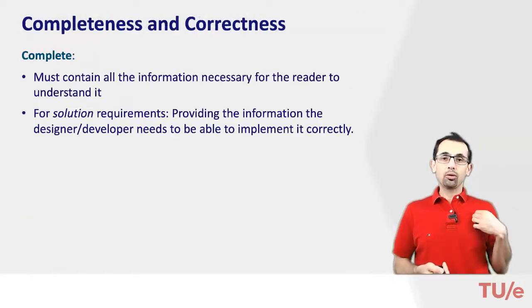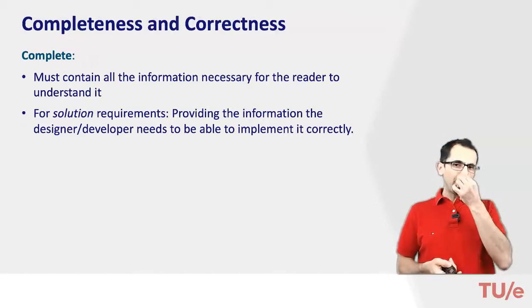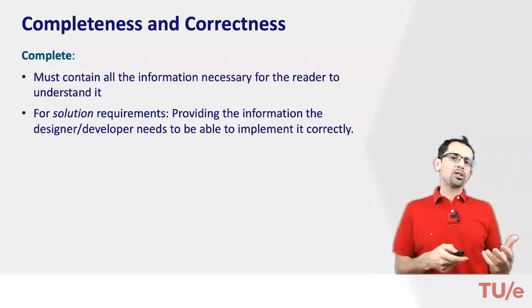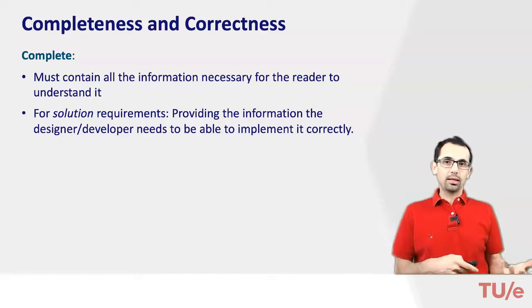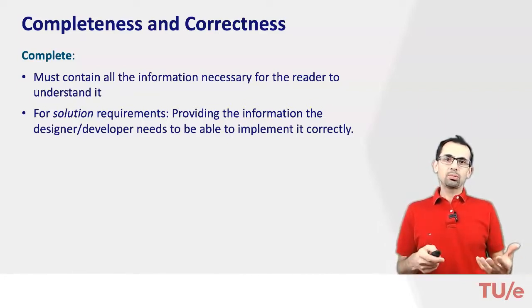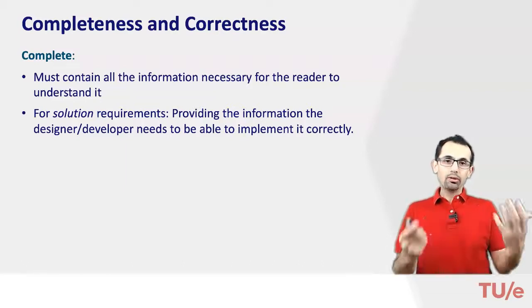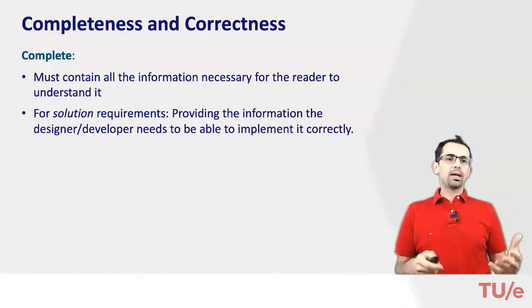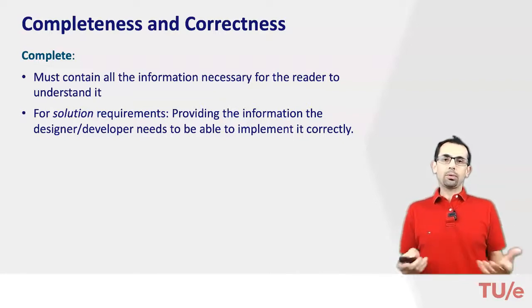First, let's start with completeness and correctness. What we mean by completeness is that a statement must contain all the information necessary for the reader to understand it. For solution requirements, this means we provide all the information the designer and the developer require to understand and also implement that particular feature later on.